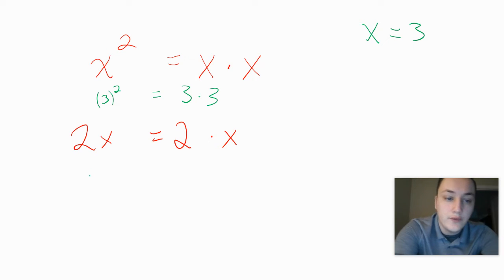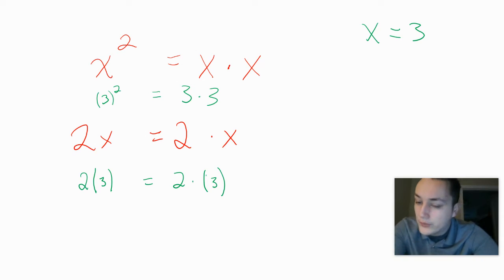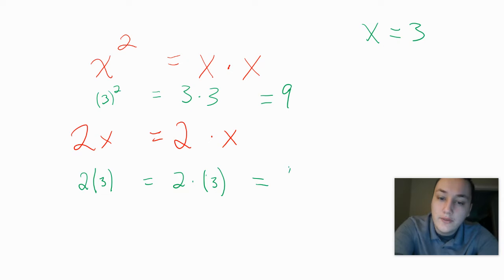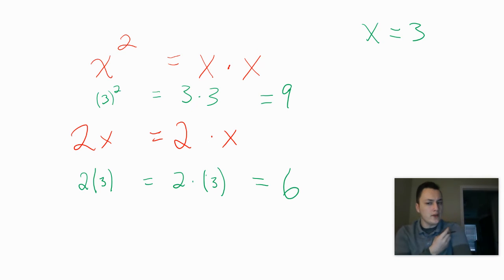And then for the other part, it's going to be 2 times 3, which will equal 2 times 3. And the answers to both of those are different. 3 times 3 is 9, while 2 times 3 is 6. So there is a difference between having an exponent as opposed to just a coefficient in terms of what answer you're going to get.